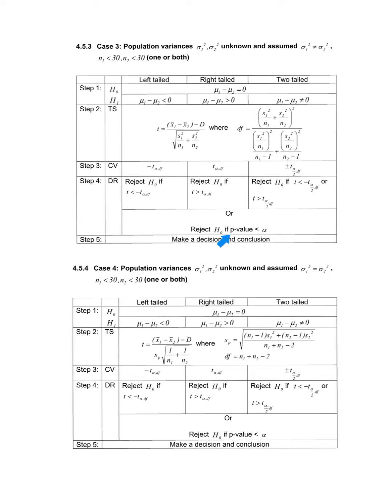The rule is only one: reject H0 if the p-value is less than alpha. It doesn't matter whether left tail, right tail or two tail. If using the p-value, there is only one rule: reject H0 if the p-value is less than alpha. No need to divide alpha by 2 even for two tail, just compare the p-value directly with alpha.